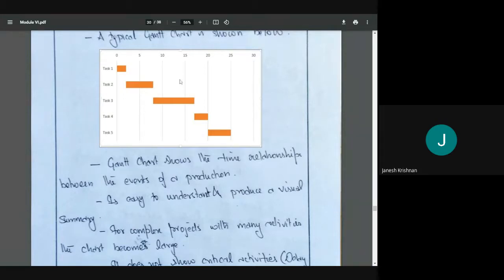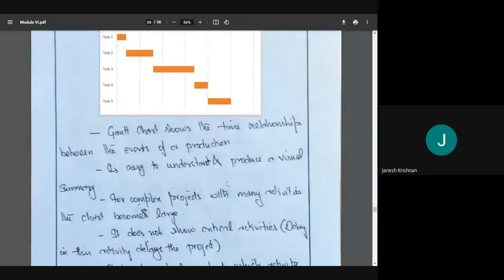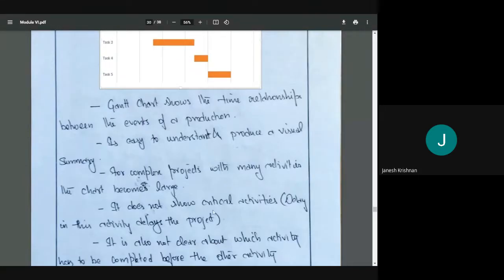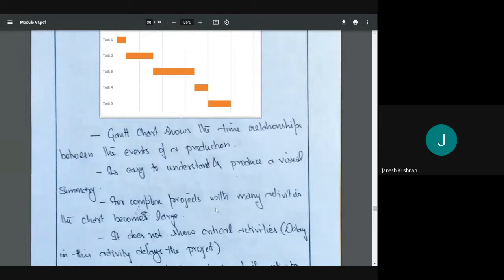One thing is, it does not show critical activities. There are certain activities that are critical. Why do we call them critical activities? Because if they get delayed, the entire process will get delayed. You will know them only after analyzing. There is a term called critical activity, and its importance is that if that particular activity is delayed, all the activities will be delayed, and we will not be able to meet our time.